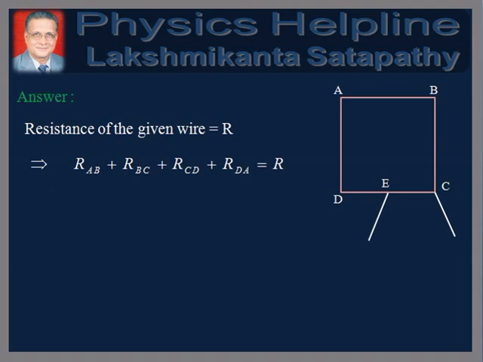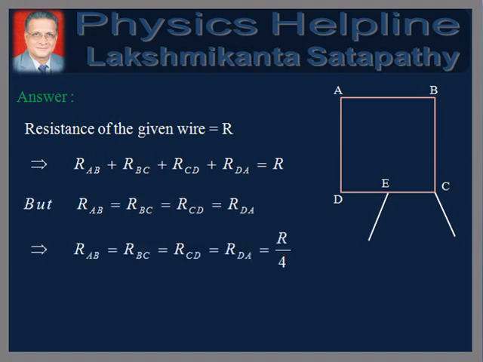Now, resistance of AB plus resistance of BC plus resistance of CD plus resistance of DA is equal to R. We know that these resistances are equal, which implies that each of these is equal to R by 4.